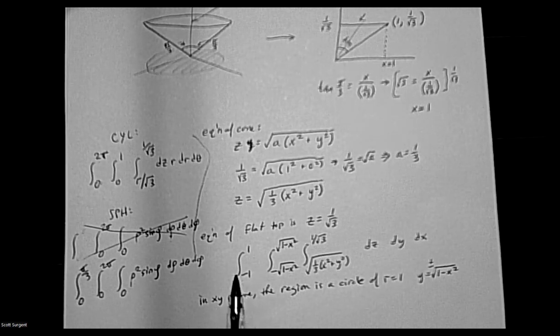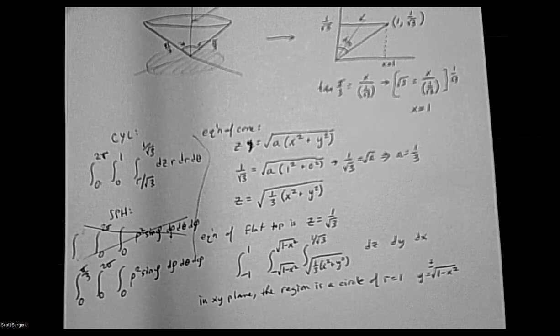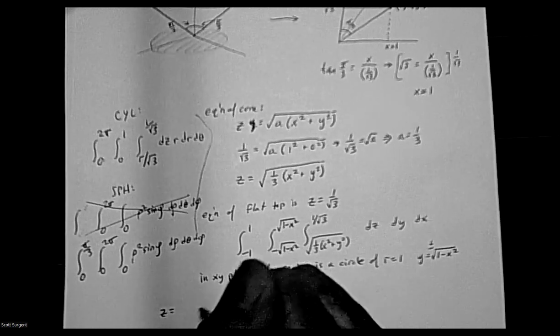And this is where you just use the rule that from spherical to Cartesian, you say that z equals 1 over rad 3.